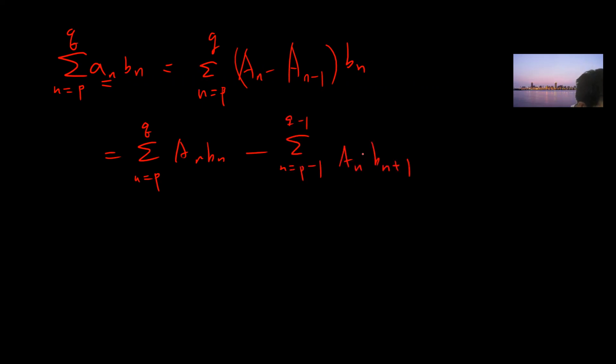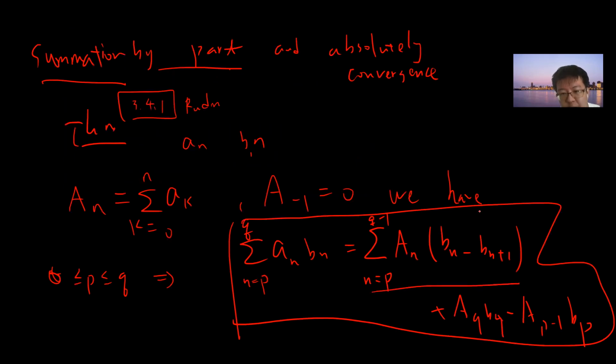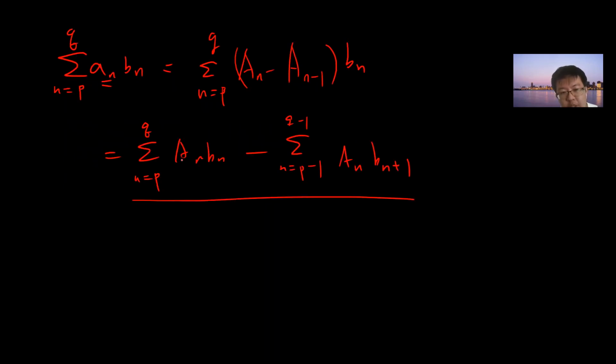If you look carefully, this term is exactly this term, because you can shrink this, and you get the remaining terms Aq bq minus A(p minus 1) bp. That's the proof.